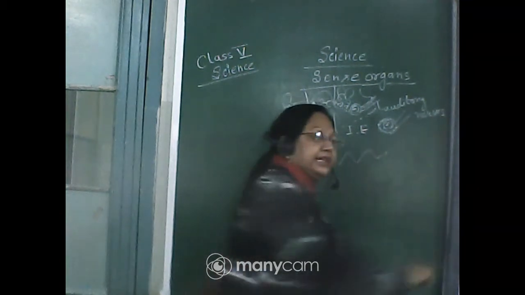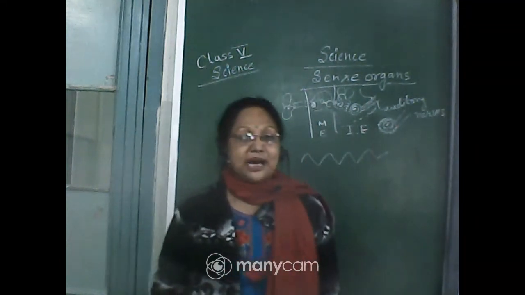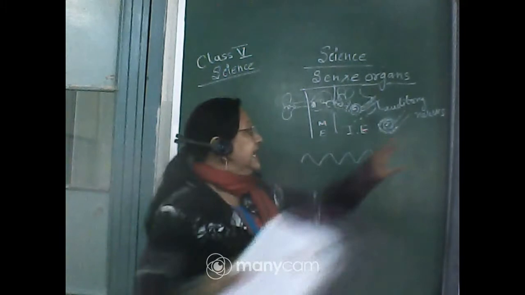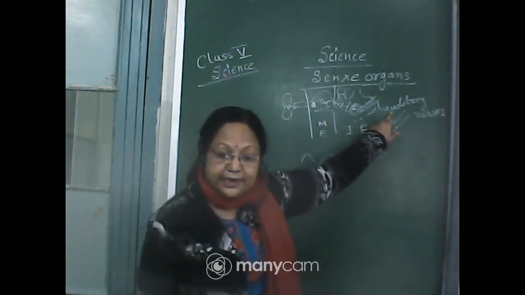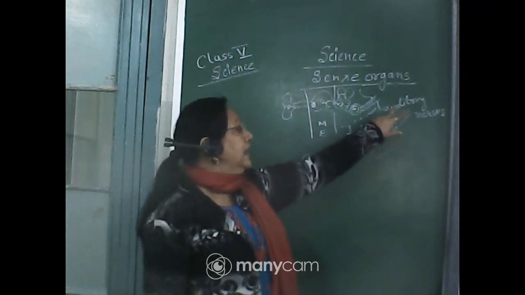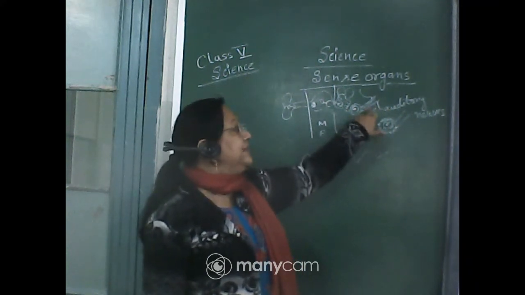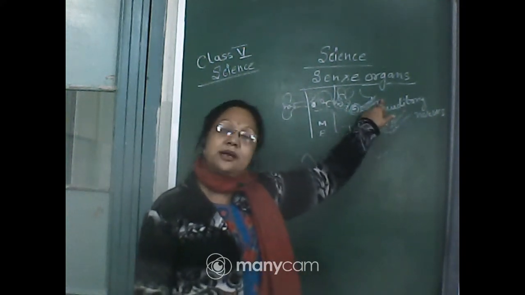As the nerves related to our eyes are called optic nerves, these nerves, related to our hearing, are called auditory nerves. The auditory nerves ultimately send the message to our brain.